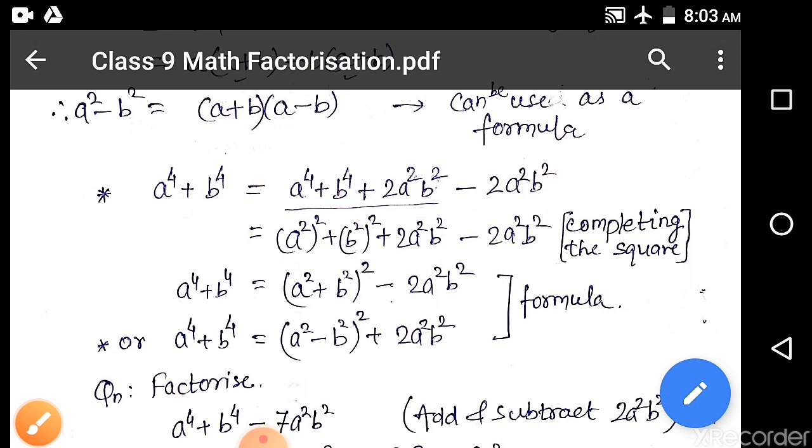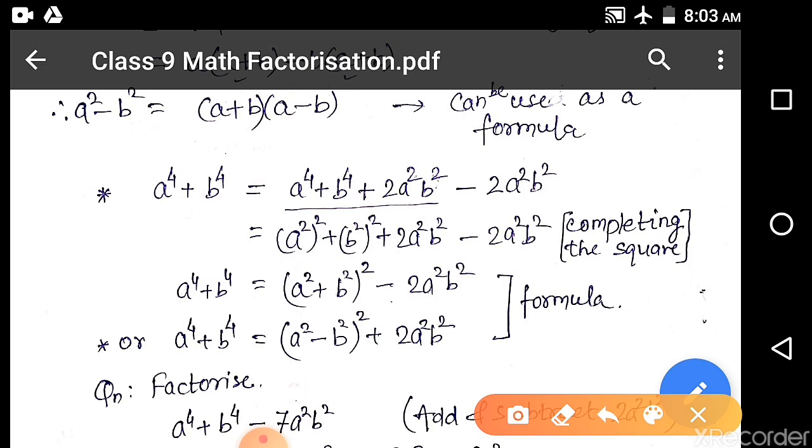Now we rearrange the terms. This one is called the completing the square method. Why is it called the completing the square method? Because here we take a to the power 4 as a square whole square, b to the power 4 as b square whole square, and this 2a square b square.